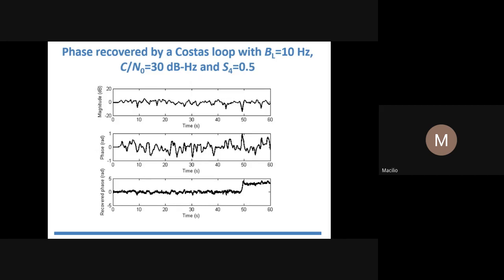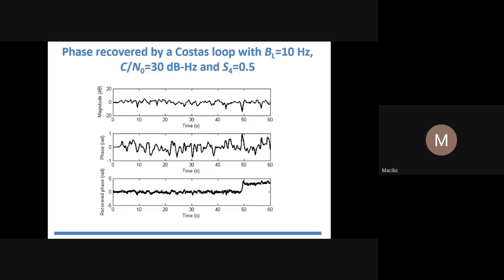Noise bandwidth equal to 10 hertz. The ratio of carrier power to noise density at 30 dB-hertz, and an S4 index of 0.5, that is not a very great value.